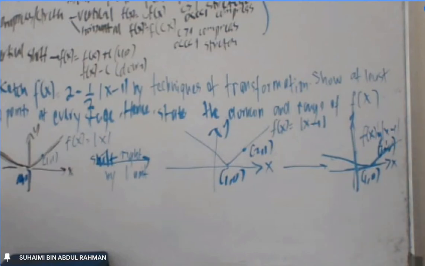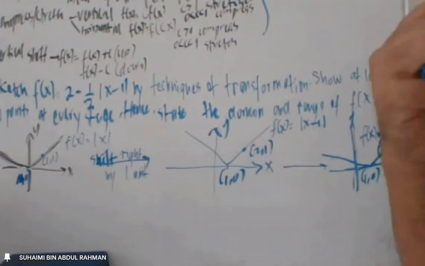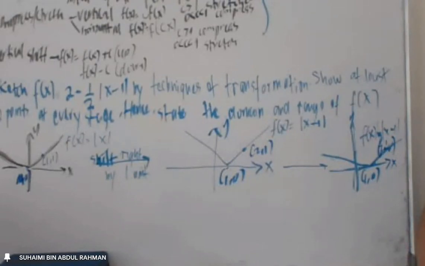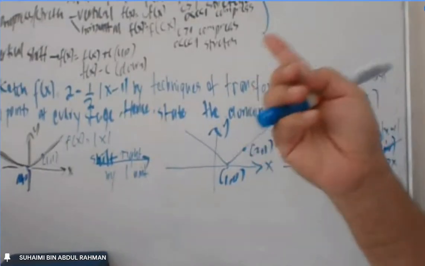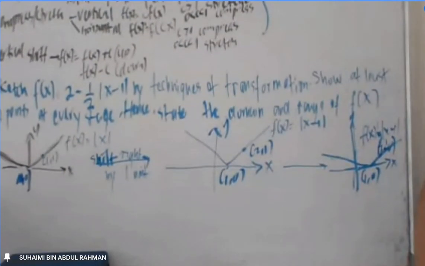Is it finished? Not yet, because we still have what? Before the 2, we have a negative.